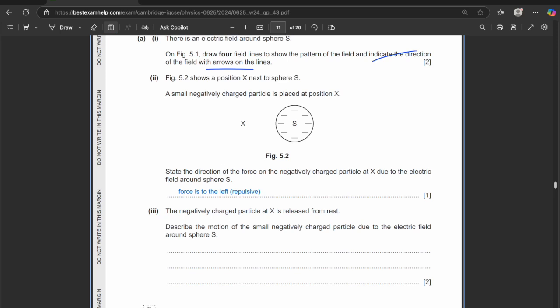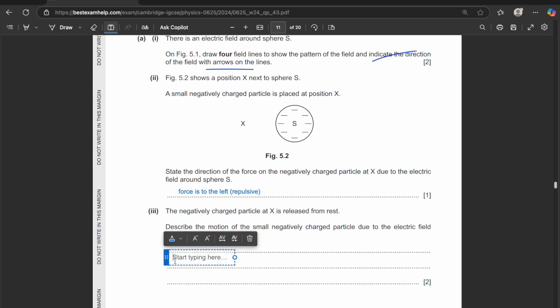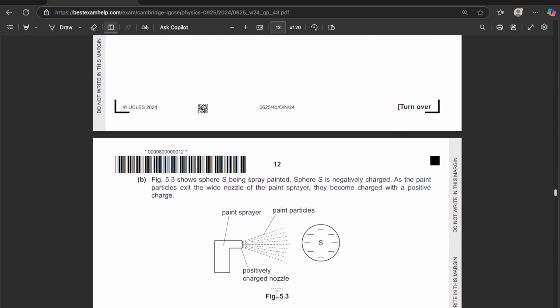So we can write that it accelerates due to the electric force and moves away from the sphere. We can just write accelerates away from the sphere in short form.